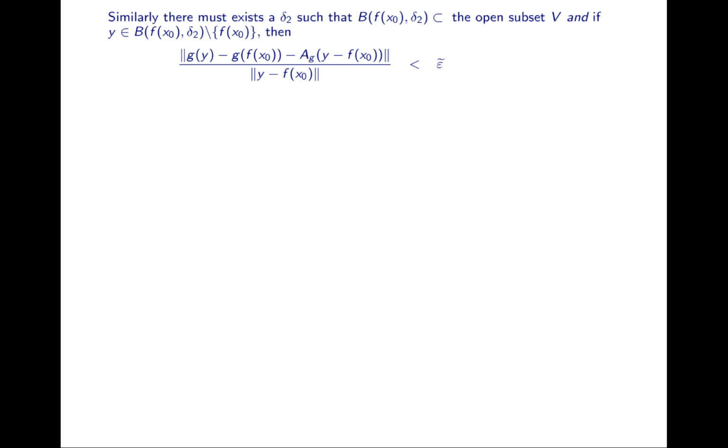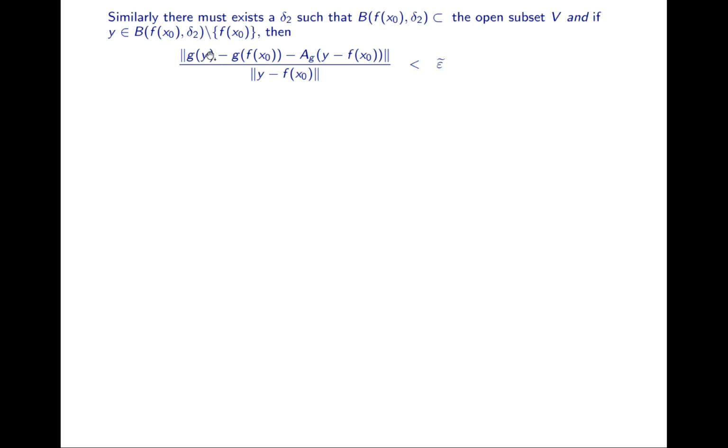Again, because V is open, and f of x naught is in V, there's got to be a ball centered at f of x naught with a positive radius contained in V. Furthermore, if the difference between y and f of x naught is less than delta 2, and y is not f of x naught, then this term is less than any positive number. Or given any positive number, there's a delta 2 that'll get me there. Because this is the statement of differentiability at f of x naught.